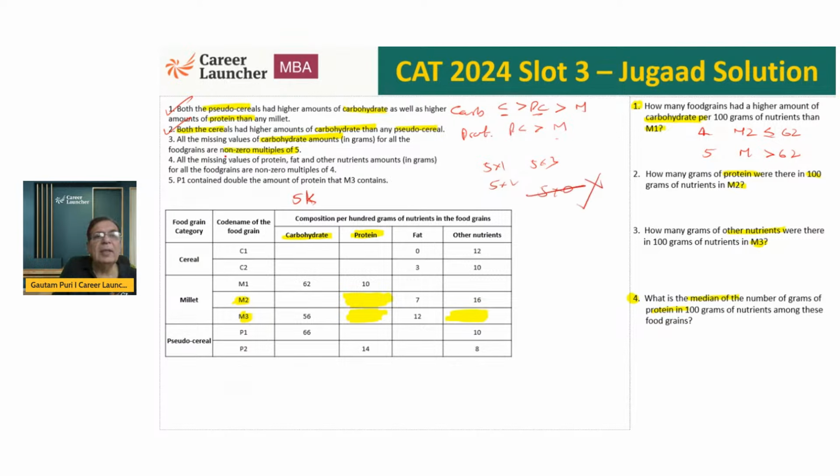Because it says these are non-zero multiples of 5. So 1 is non-zero, 2 is non-zero, 0 is not. So all he's saying is, this cannot be 0. None of these can be 0. They are all multiples of 5, but none of them is 0. Okay, so that's one part. What about the next statement?